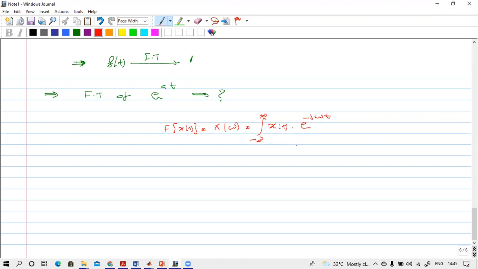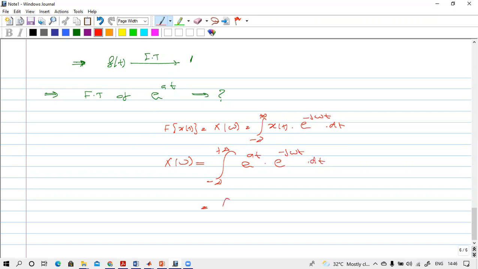So this identity we can use. Applying it, X omega is the integral from minus infinity to plus infinity, and here x t is e to the power at, so you will have e to the power at times e to the power minus j omega t dt.